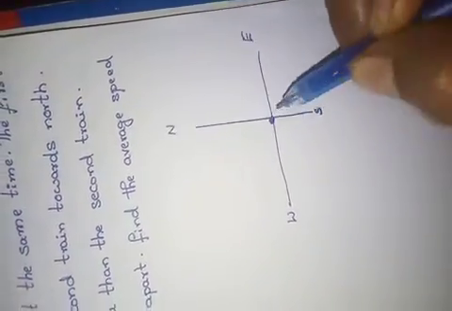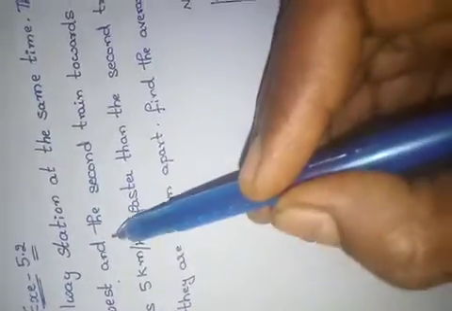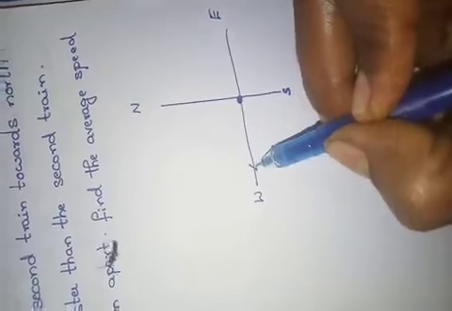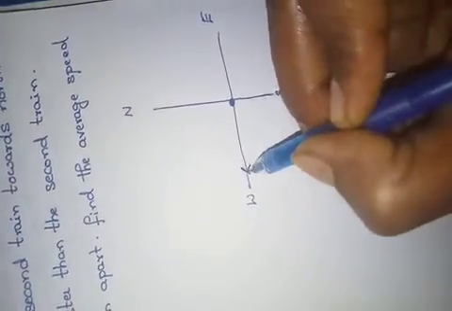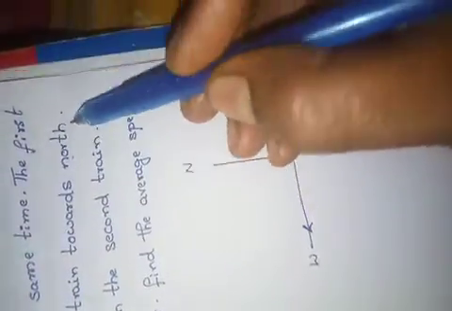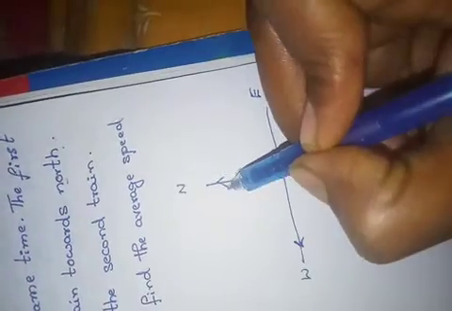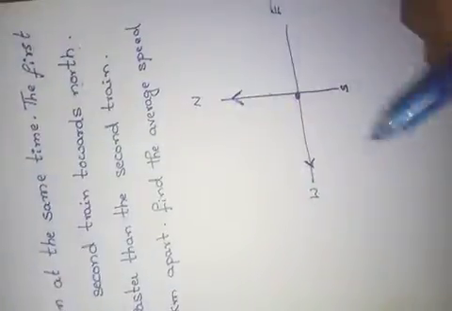This is the station. What did they say? The first train travels towards the west. The first train is traveling towards the west. Is it okay? And the second train towards the north. The second train is going this side towards the north.